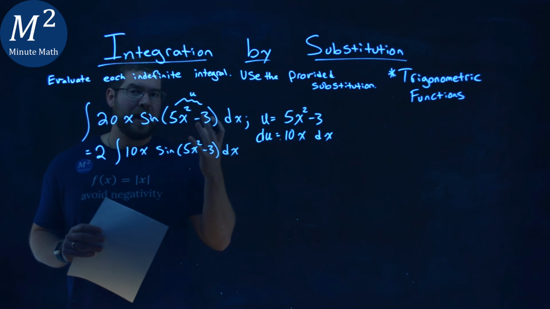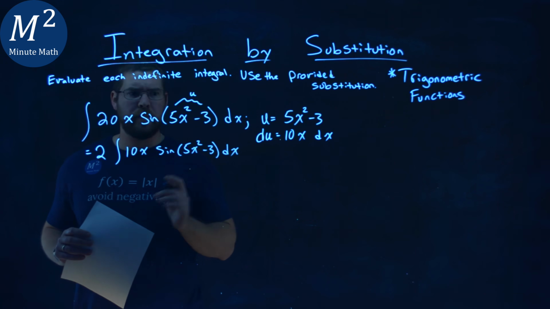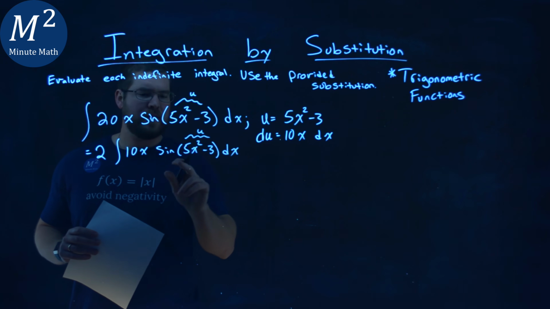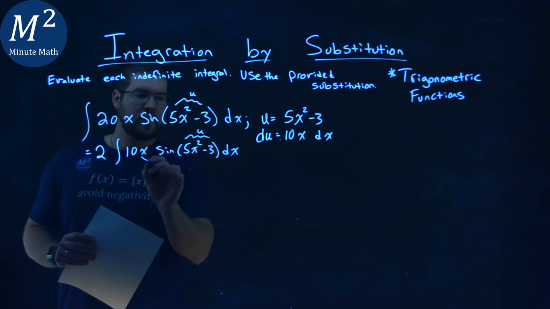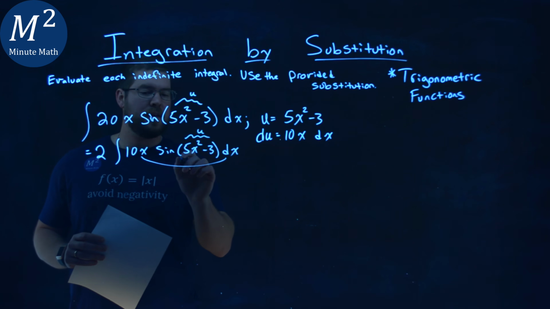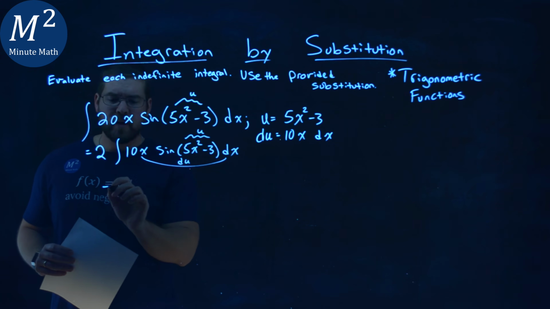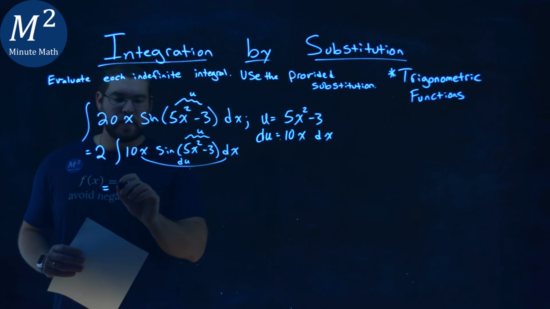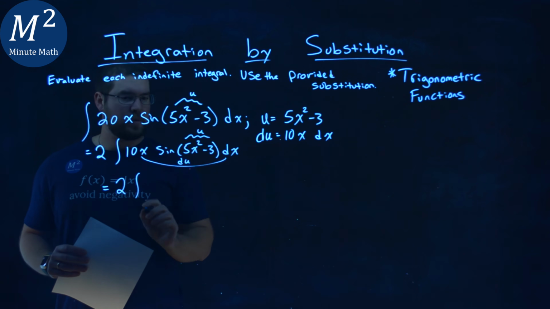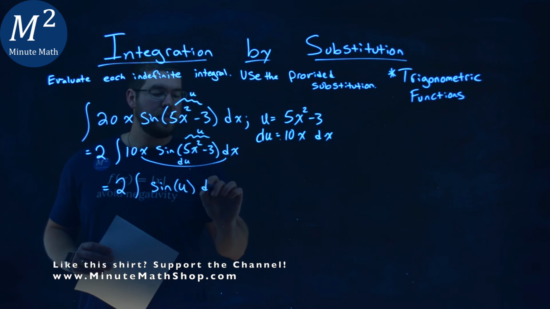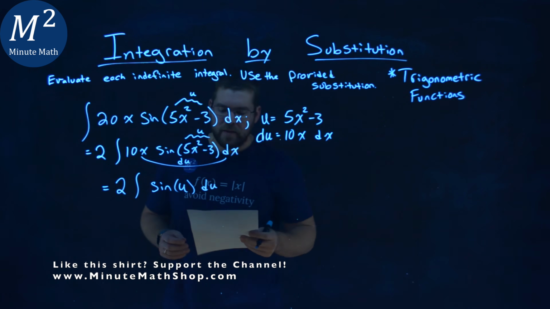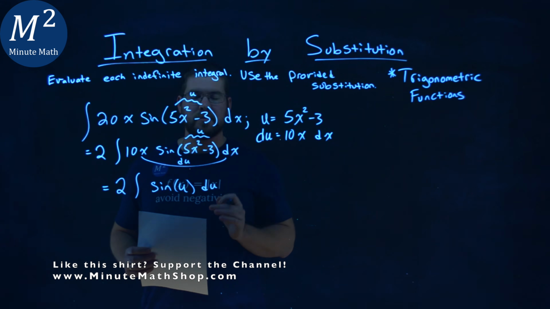Again, now we have our u and du lined up. Our u value is what's inside of sine, and our du is a combination of the 10x and the dx. So we can rewrite this in terms of u to be 2 times the integral of sine of u du. Now this is a much easier problem to solve.